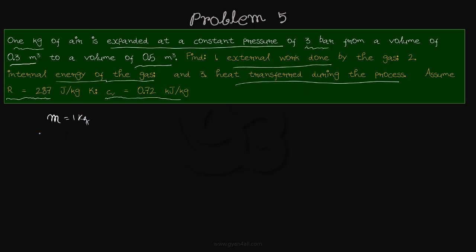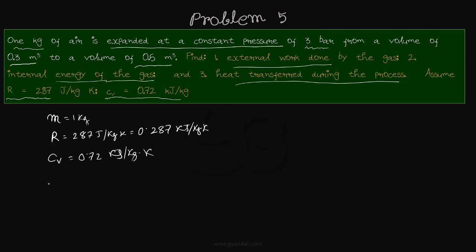Then the value of R is 287 joule per kg per Kelvin, or we can put it in kilojoule, 0.287 kilojoule per kg per Kelvin, and Cv is given as 0.72 kilojoule per kg per Kelvin.